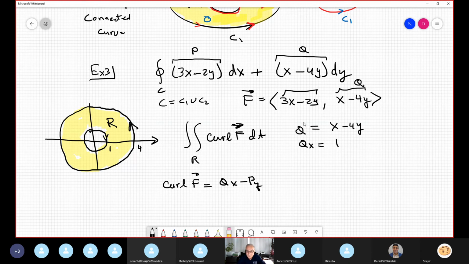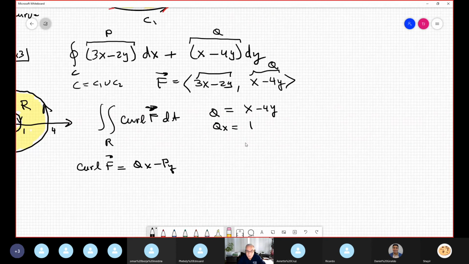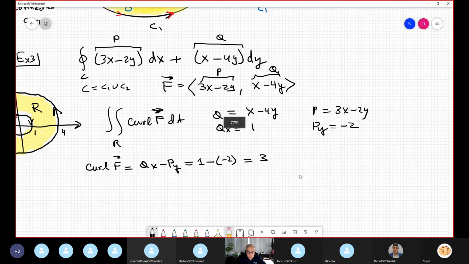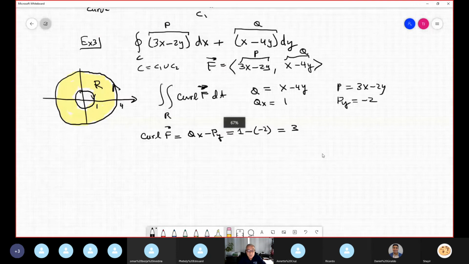And likewise, P is 3x minus 2y, and you differentiate with respect to y. It's obvious that it is negative 2, no? And in the formula, we have 1 minus negative 2, which is 3. Wow, it's easy. It's super easy when the integrand is a constant.